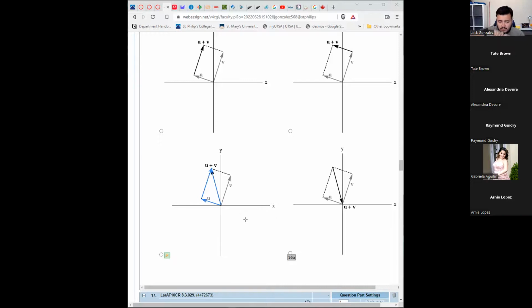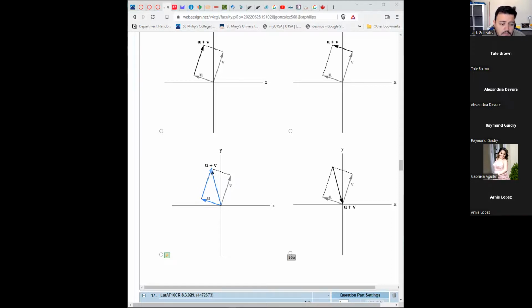So on paper, draw it, connect the tip of the first one to the tail of the second one, and then draw a hypotenuse, and that is the parallelogram rule. That's what I sent you in the reminder, in case you forget, because sometimes I forget which one's first. So u is the tip, v is the tail.